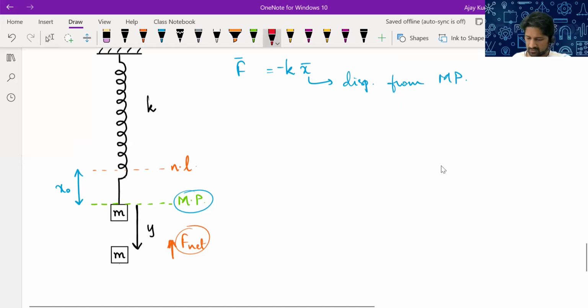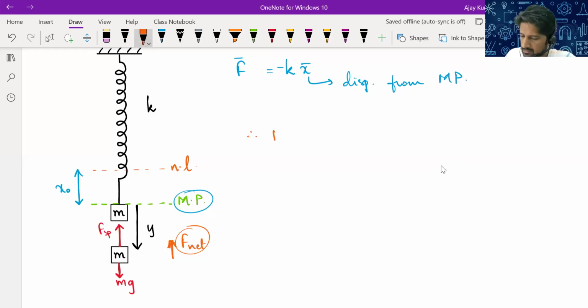Which force dominates? Spring force will dominate in this case because the spring is stretched further. I'll just call it FSP, spring force. So now you can write the net force acting on the block as spring force minus mg in magnitude.